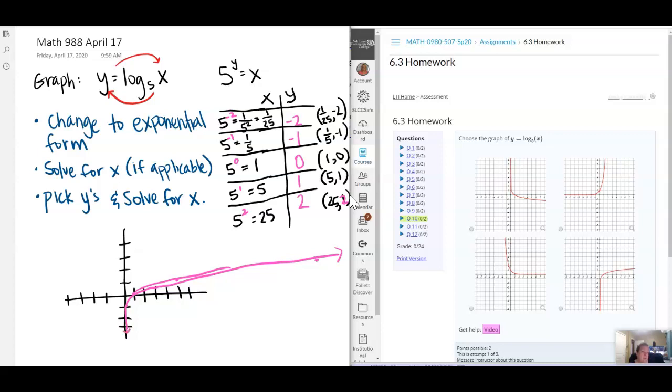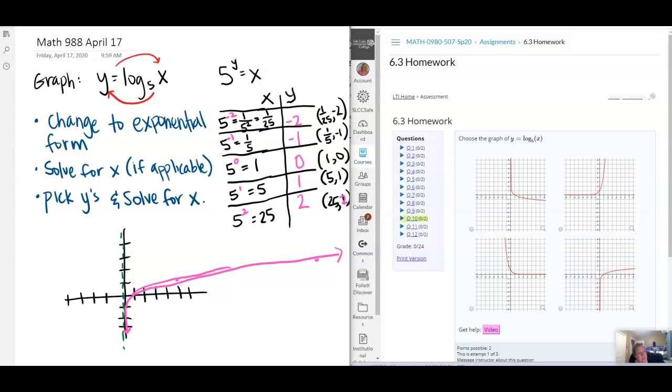Now, the side that's going down along the y-axis is getting really, really close to the y-axis, but it's never going to be touching it. So I'm going to put this little dotted line here, that's called an asymptote, when it's getting really, really close to that line.